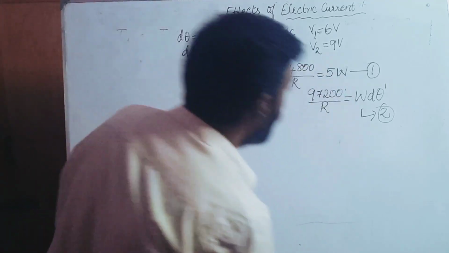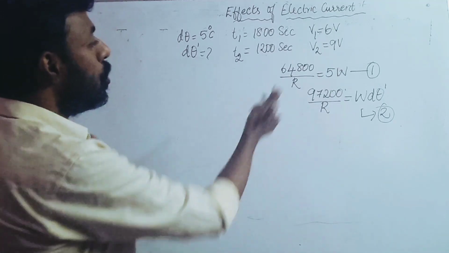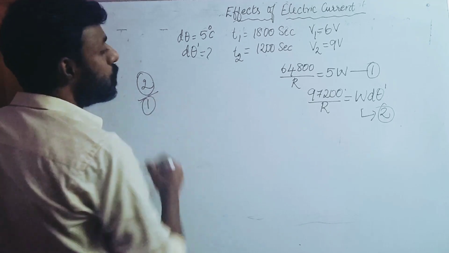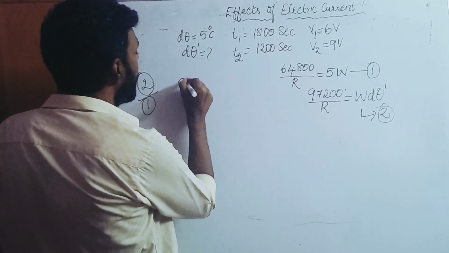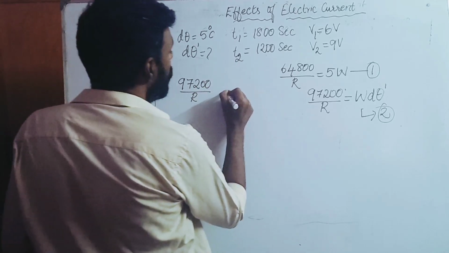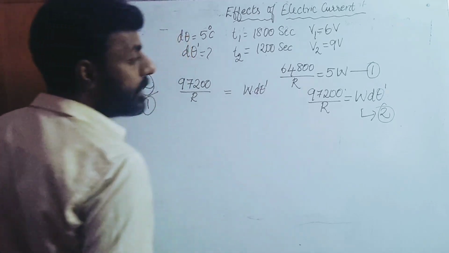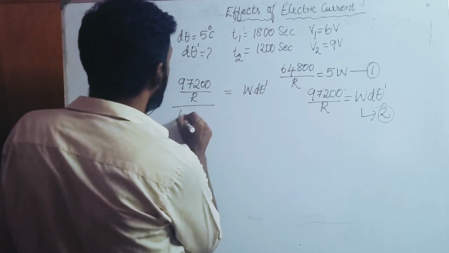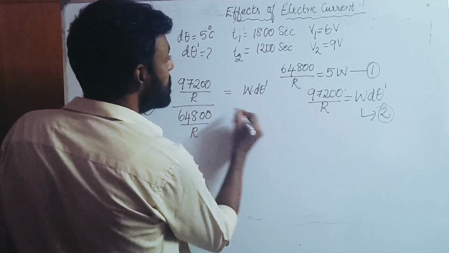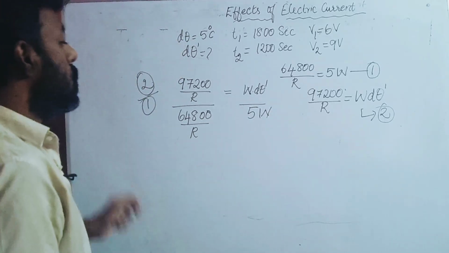So I finally got two equations from two sets of values. Now I'm going to divide equation 2 by equation 1. Equation 2 is 97,200 divided by R equals W into d theta dash, and equation 1 is 64,800 divided by R equals 5W.